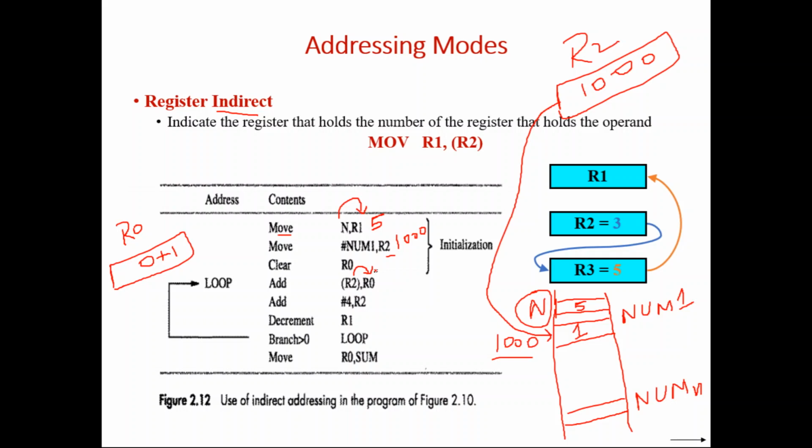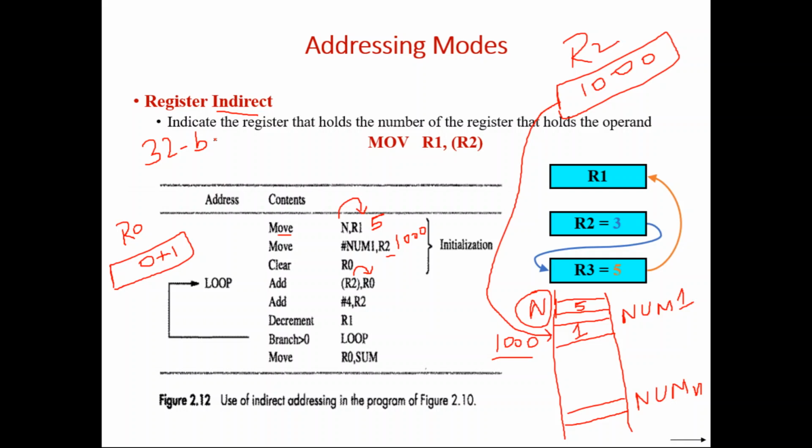Then we do add hash 4 comma R2. Why are we adding 4 to R2? Because we are assuming the word size of the computer is 32 bit. 32 bit means 4 bytes.